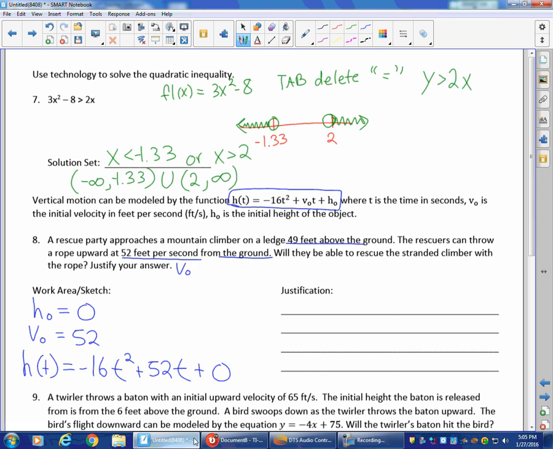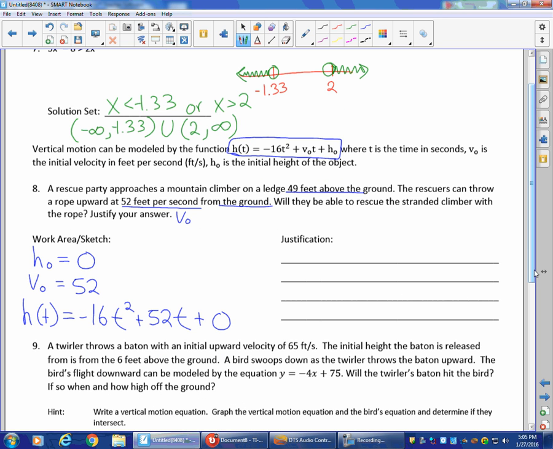And the connection that we made in class here was that this could be y equals negative 16x squared plus 52x plus 0. So when you get your vertex, we have to understand that the x value represents my t. And the y value represents my height. Okay, so let's go find this. We're going to graph it and find it.